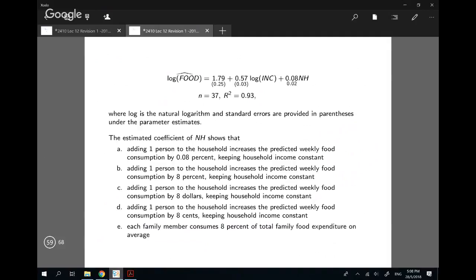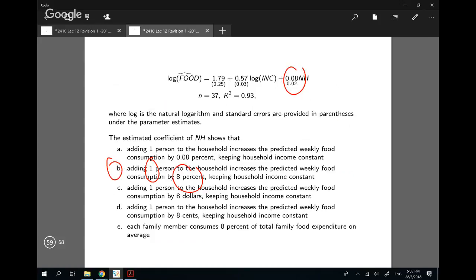Adding 1% to the household increases the predicted weekly food consumption by 8%, keeping household income constant. So this is a log-level interpretation. So adding 1% and you have to multiply the beta by 100. So it should be B. 1% and 8% because 0.08 multiplied by 100 because it's a log-level.